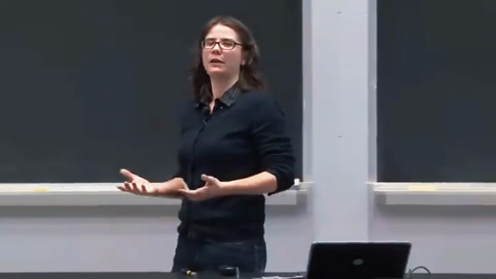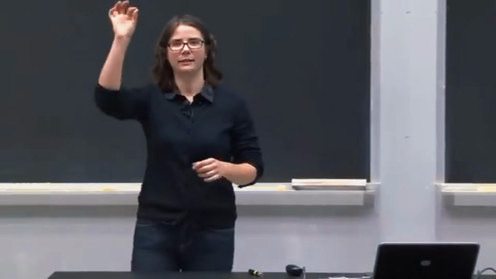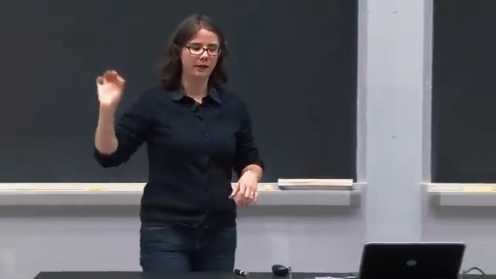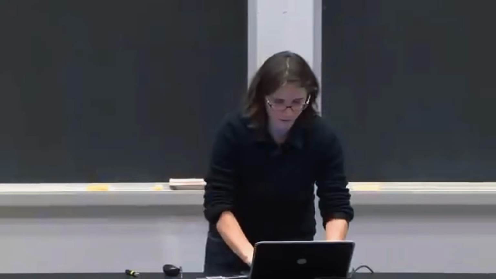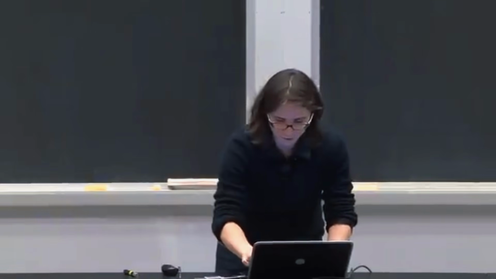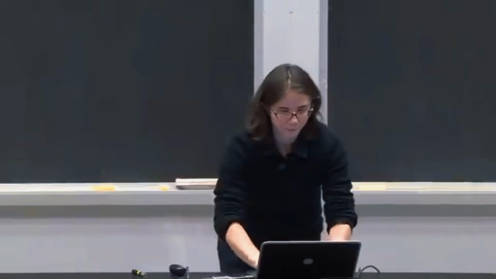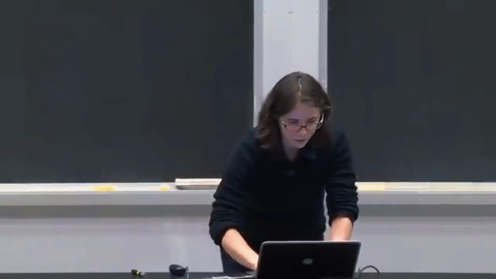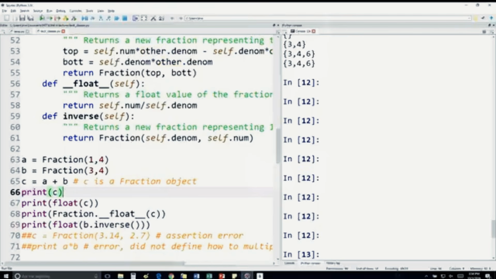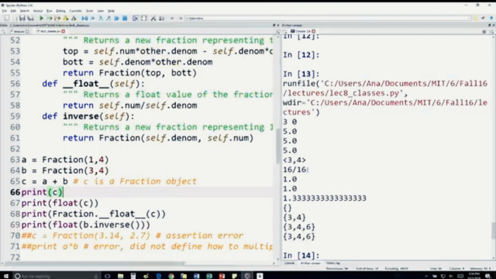So C as a fraction object is going to be 16 for the numerator and 16 for the denominator, right? Because it's a fraction object. If I print C, it should print 16 over 16, so we can even run it. So it prints 16 over 16.